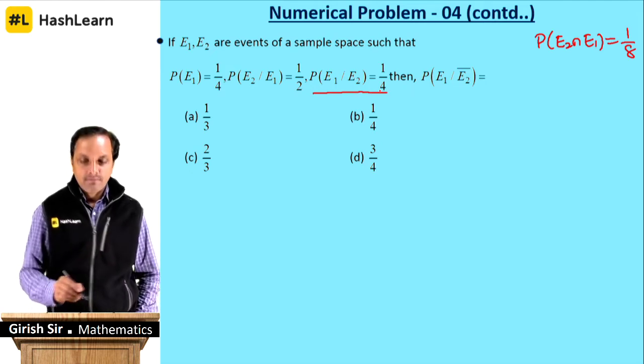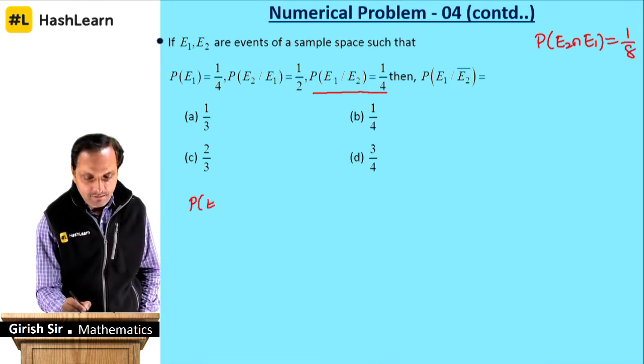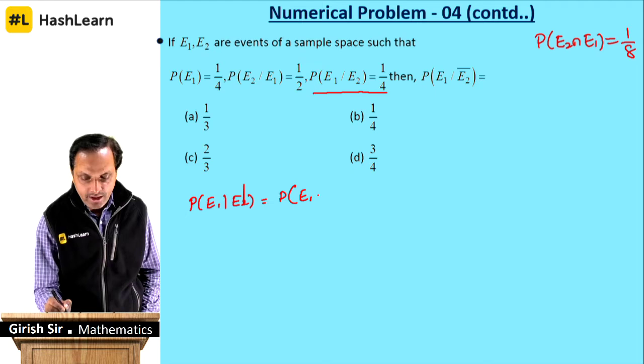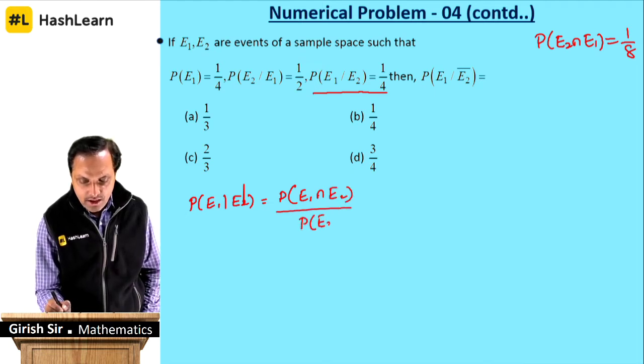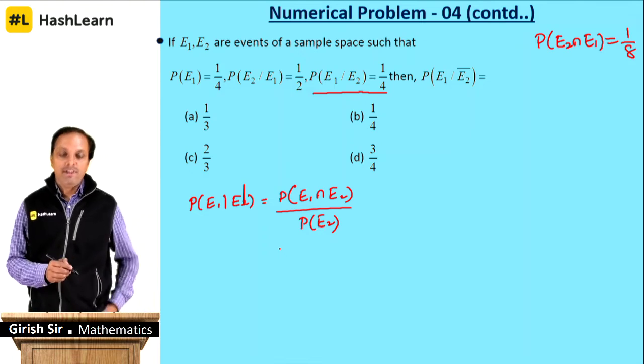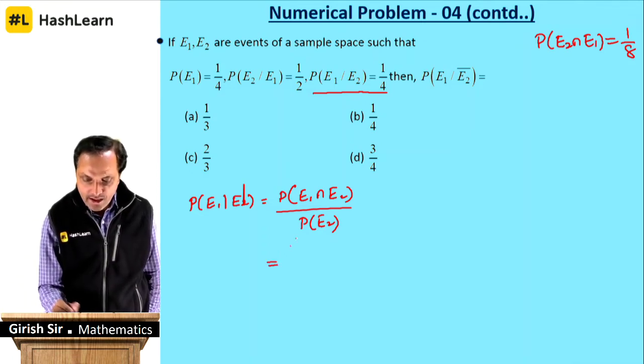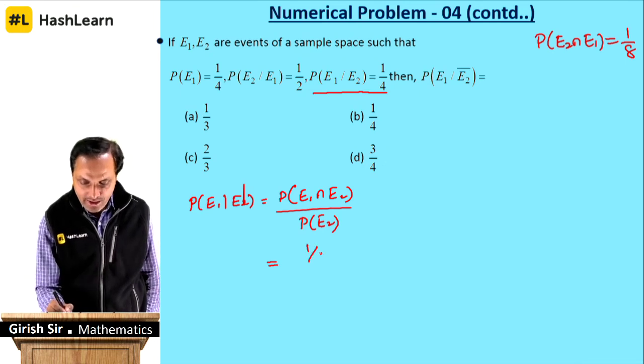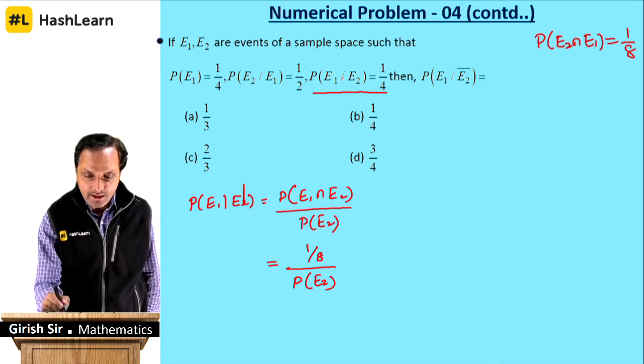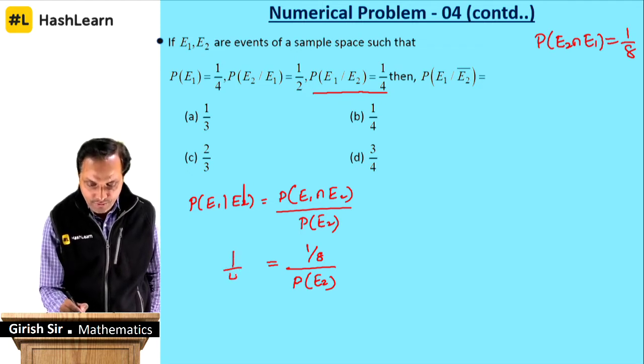Observe this, what is probability of E1 conditional probability of E2, that is probability of E1 intersection E2 divided by probability of E2. तो हमें फाइंड करना है probability of E2. E1 intersection E2 1/8, E1 conditional E2 है 1/4.